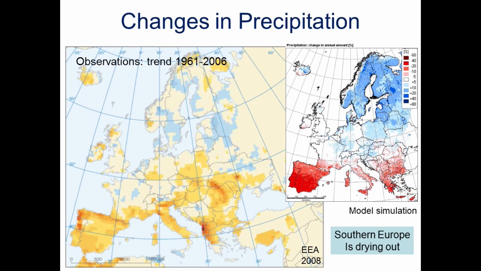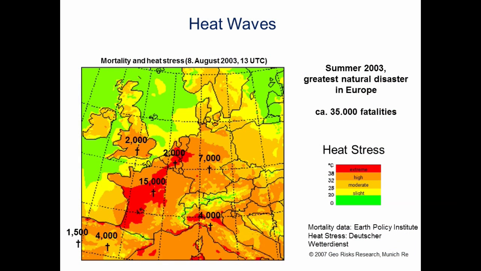We can compare that to the predictions of climate models shown by the inset, where reds in this case show declining precipitation and blues show increasing precipitation. What does that mean? Is this going to continue going forward? What are the effects of these kinds of changes in rainfall around the world?